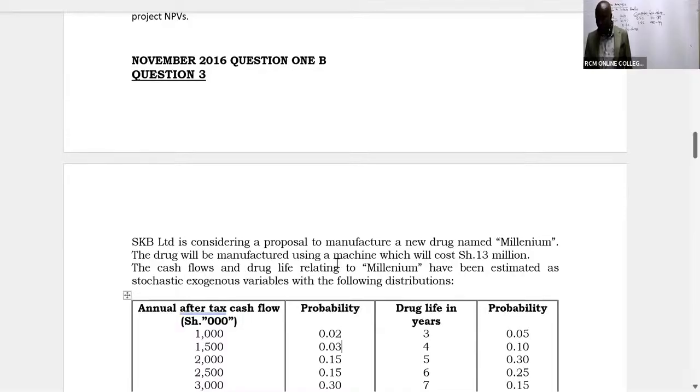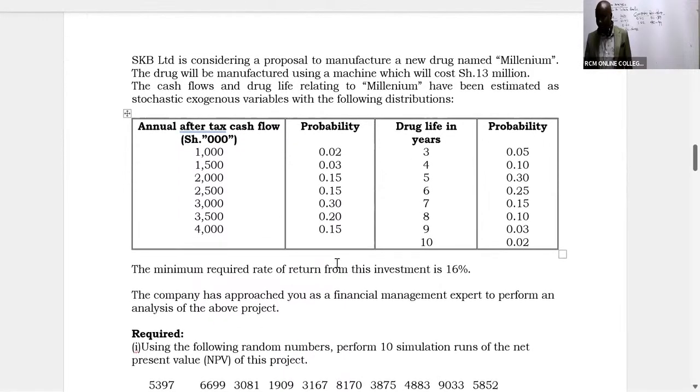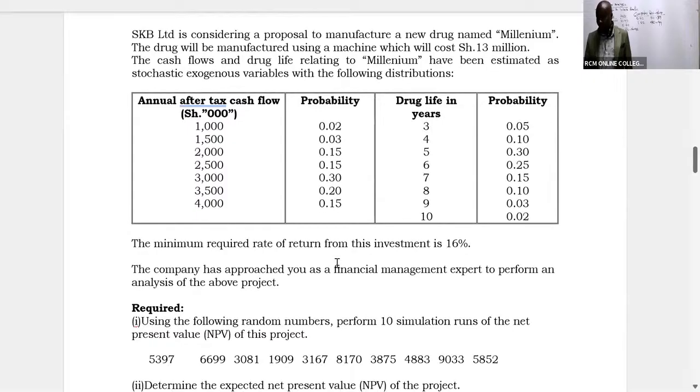So we have annual after-tax cash flows, probability, drug life, and then we have the probabilities there. So we have 2 variables there. And then they're telling us that the minimum required rate of return is 16%.